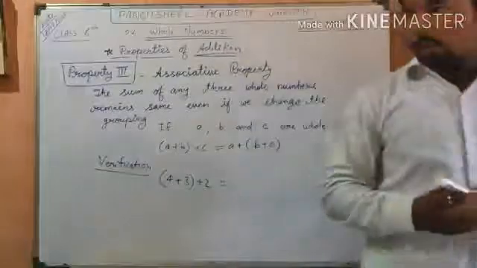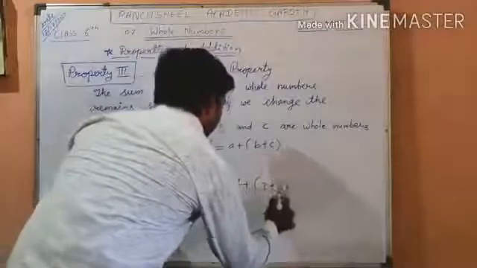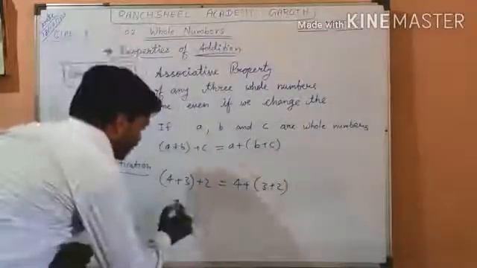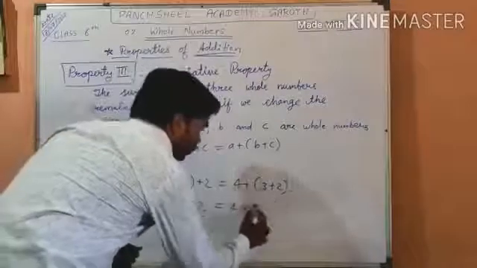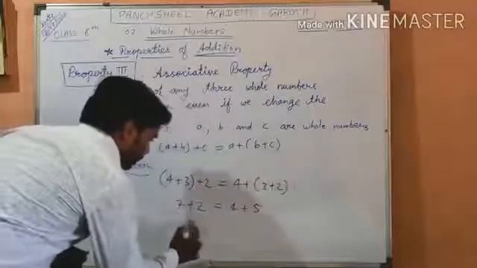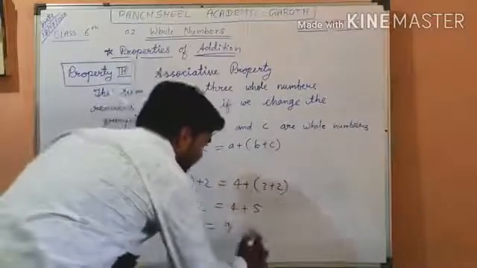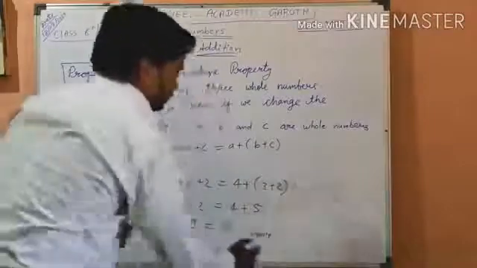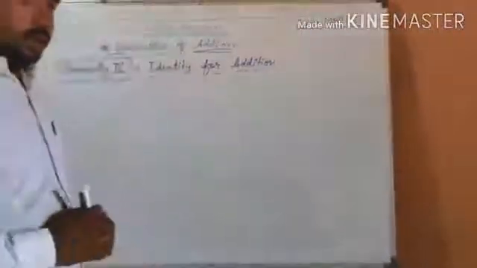So 4 plus 3 is 7, plus 2 is 9. Now the other way, 3 plus 2 is 5, and 4 plus 5 equals 9. Hence proved. Hence it's verified.